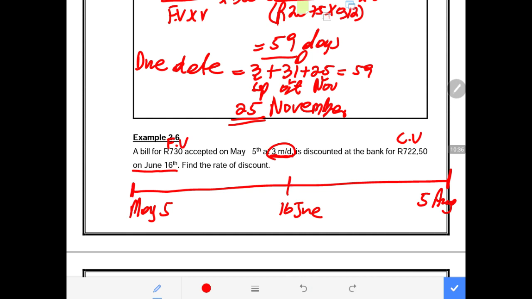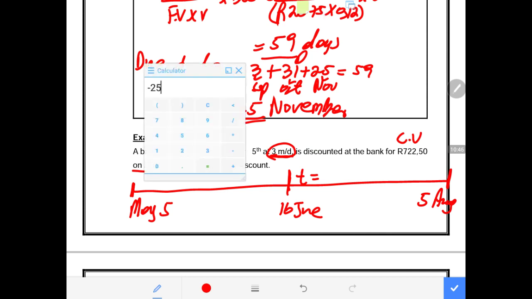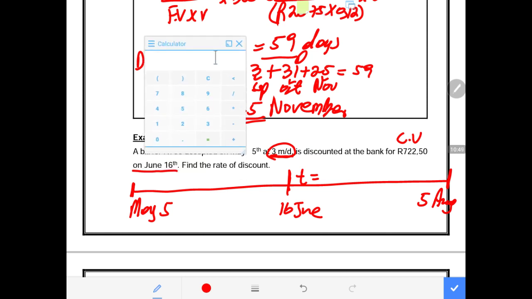And this bill was discounted on the 16th of June. We need to calculate our T, which is our unexpired period. And this case is much easier, because what do we do? We just say June has 30 days, 30 minus 16, and we say that in the month of June we have 14 days. Then we say plus the month of July has 31 days, so plus 31.